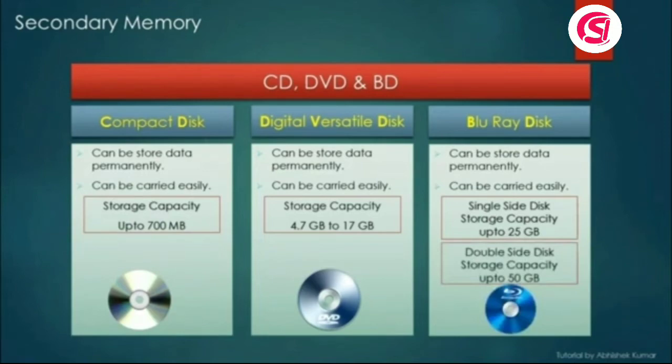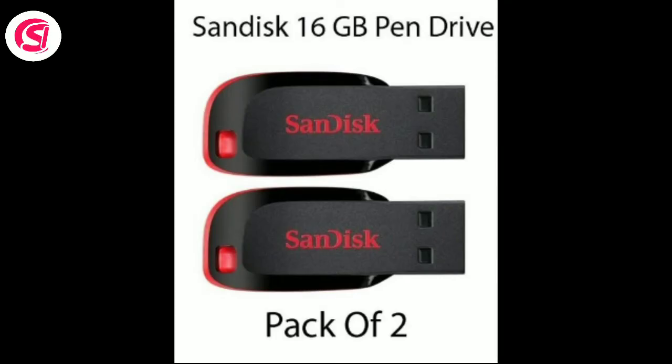Two-sided discs store data up to 50 GB. Blu-ray disc is a new optical disc format which enables recording, writing and playback of high definition video as well as stores a large amount of data. It is rapidly replacing DVDs.